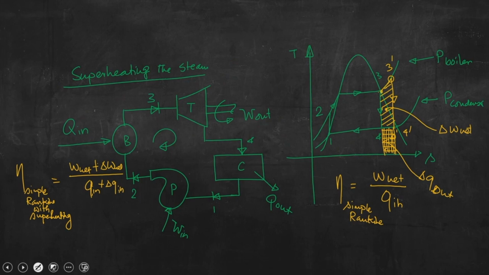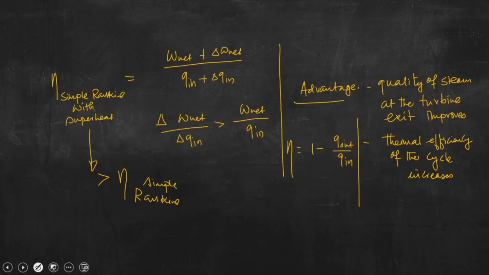It is because of this reason that delta W net by Q in becomes higher than W net by Q in. The resultant effect is the increase of the efficiency of this Rankine cycle with superheating.